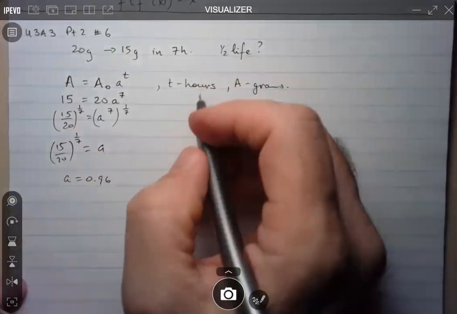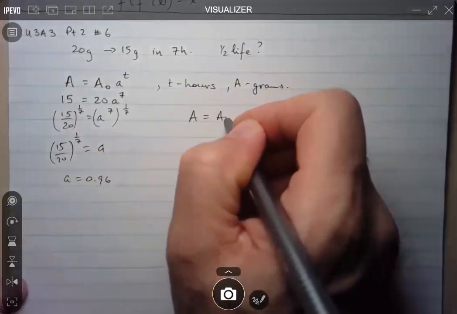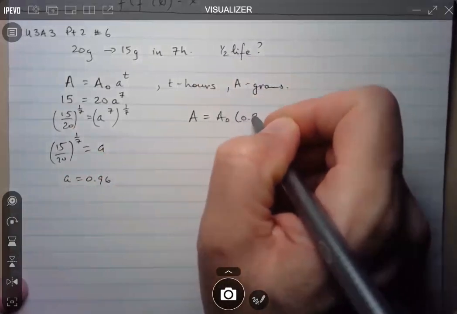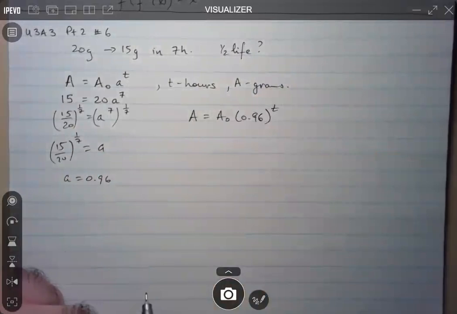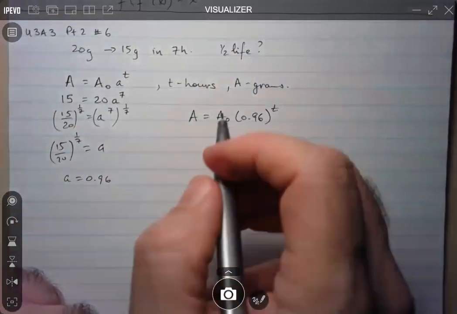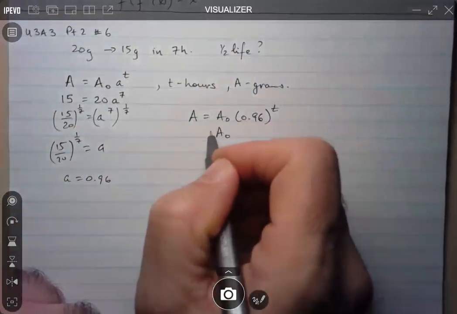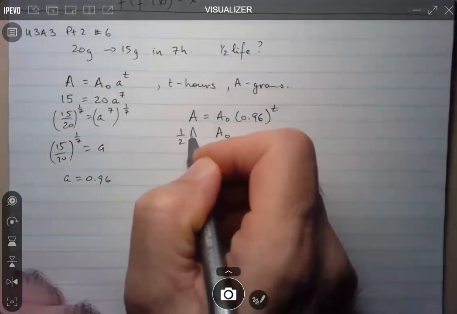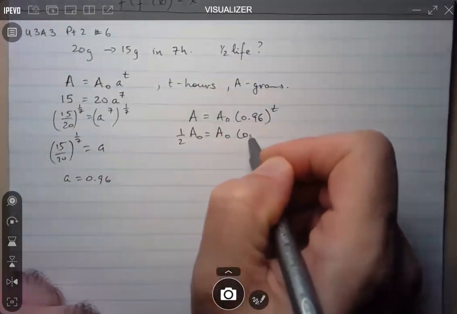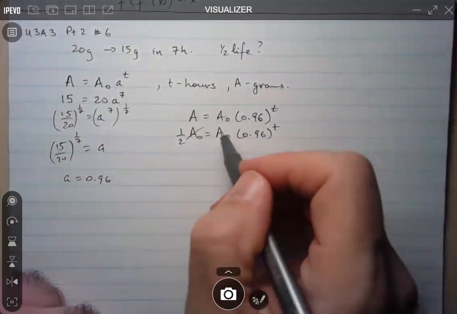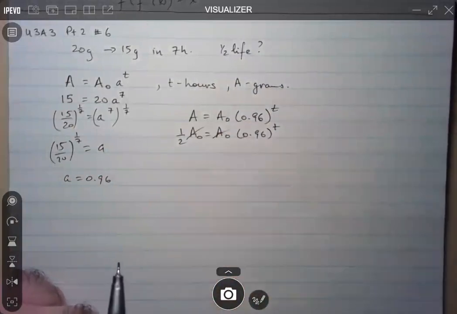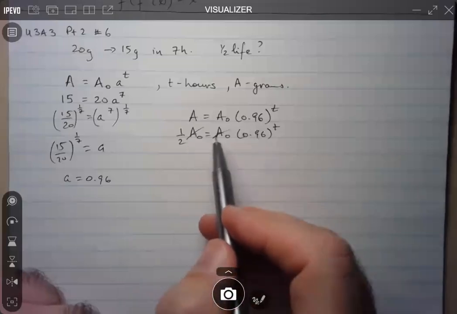So that means that my model is A equals A naught times 0.96 to the t. And if I want to know the half-life, how long it takes to go from A naught to half of that, now I can just solve this equation. As we've seen many times before, the A naughts just cancel out, and now I can solve this.